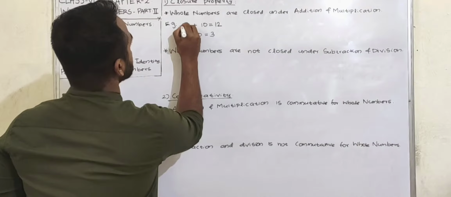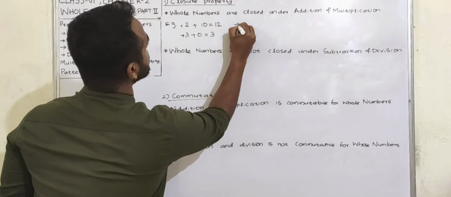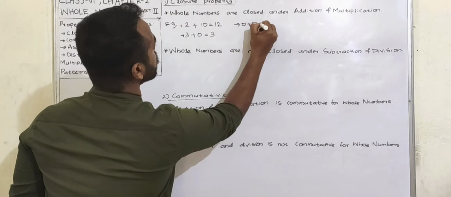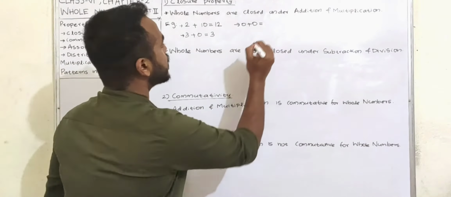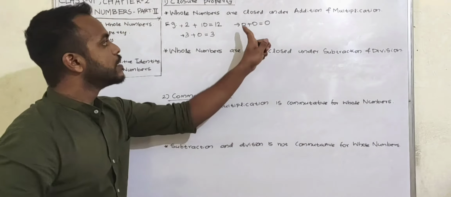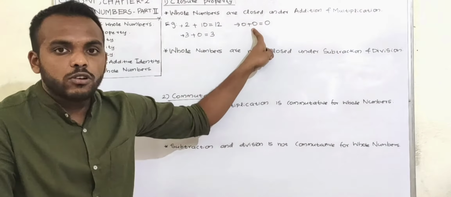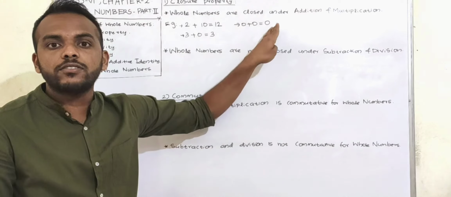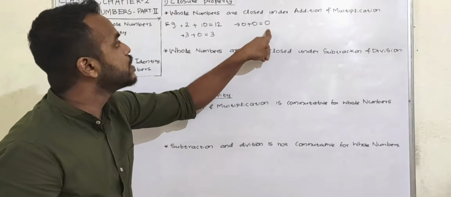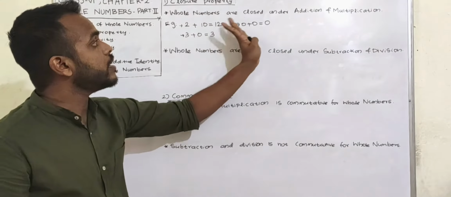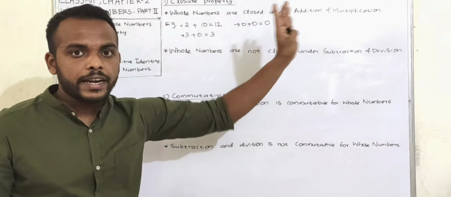Okay, I will do another example. 0 plus 0. What is the value of 0 plus 0? It is again 0. 0 is a whole number. 0 is another whole number. When we added both of them, we got another whole number. So whole numbers are closed under addition.